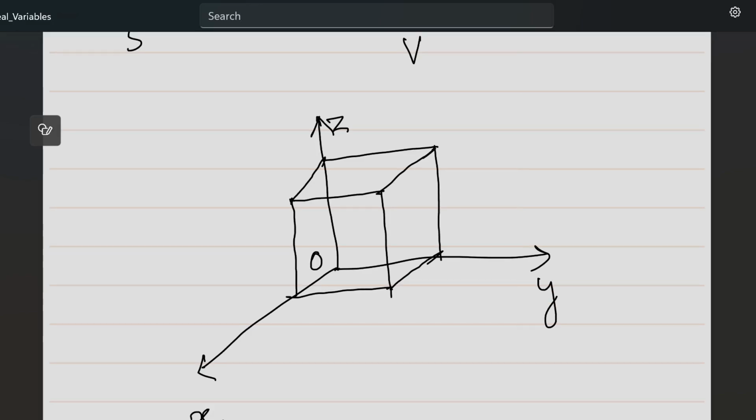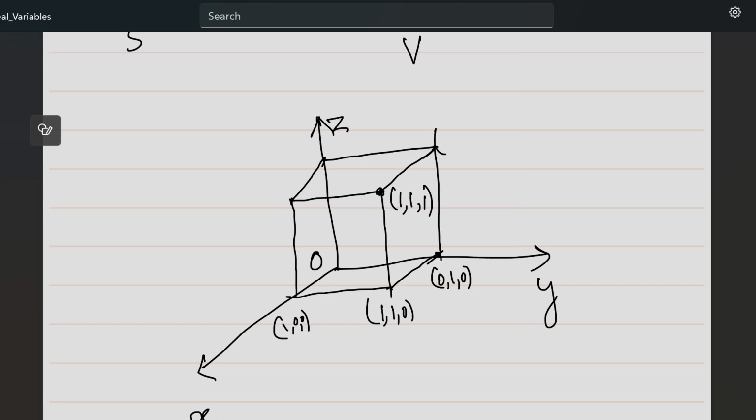So x equal to 1 means this plane, y equal to 1, z equal to 1. So this is 1, 0, 0, and this is 1, 1, 0. What about this point? What is the coordinate of this point? 1, 1, 1. Yes. This one? 0, 1, 0.